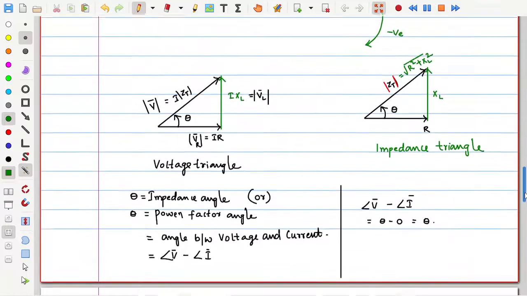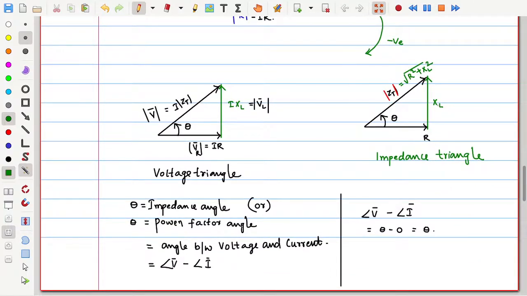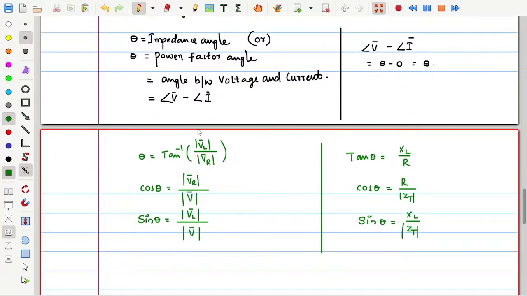See here, this is mod ZT, this is XL, this is R. So if we want the power factor angle, we can use any of tan theta, cos theta or sin theta to find theta.